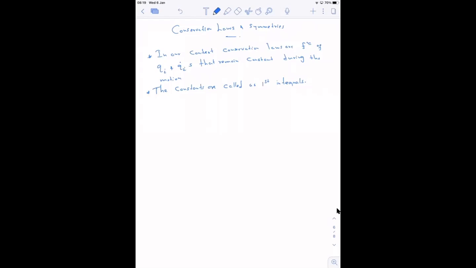Now, the one thing that you have to make sure you understand here is that you probably have learned about conservation laws before. For example, conservation of energy and conservation of momentum may be two things that are very familiar to you, that you have even learned using Newton's laws in your A levels.